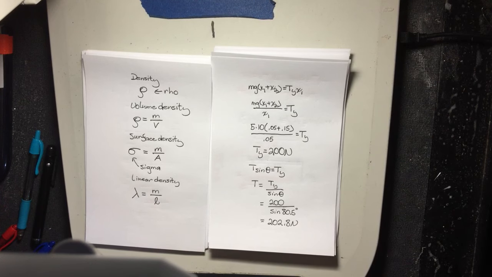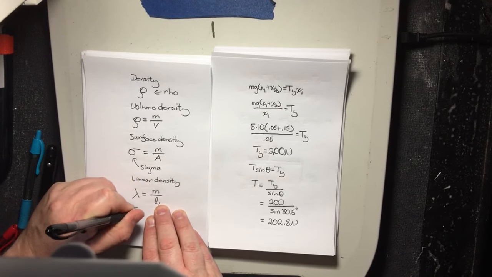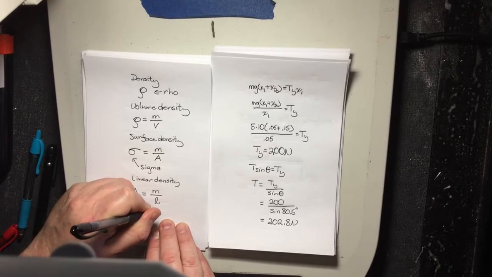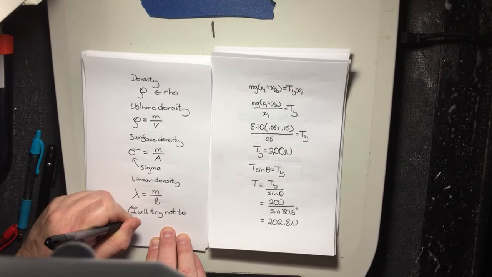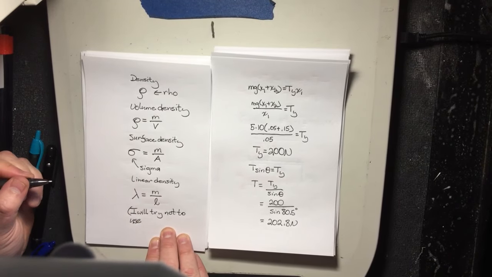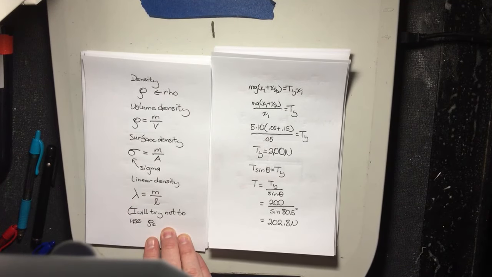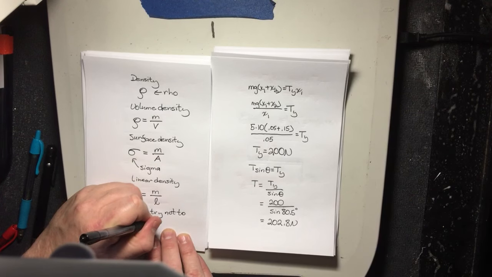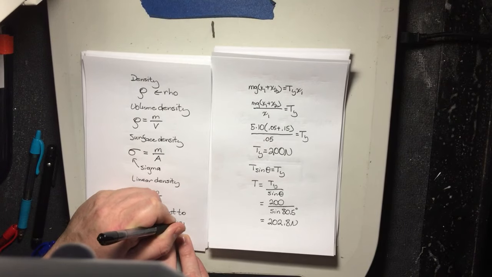So those are two new terms, one that we're very familiar with. But sometimes you may see, and I've got to go through the problem sets and purge out the letters, sometimes you'll see rho sub L. Some people use this as linear mass density.